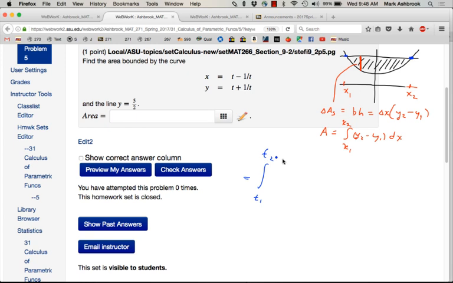Okay? And then we're going to do y2 minus y1. What's y2 in my problem? 5/2. What's y1? t plus 1 over t.